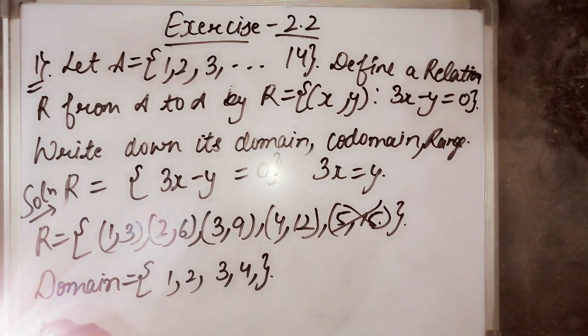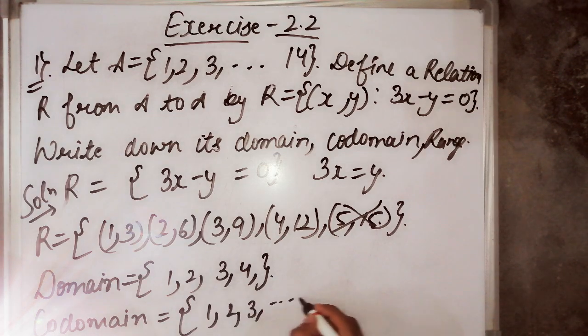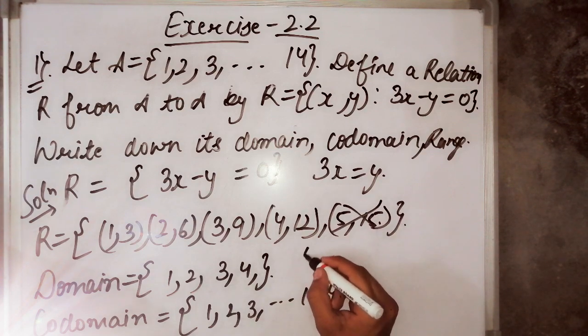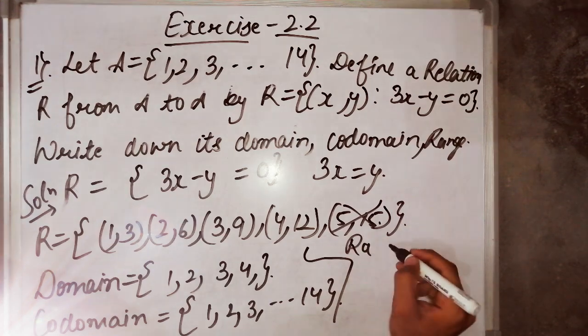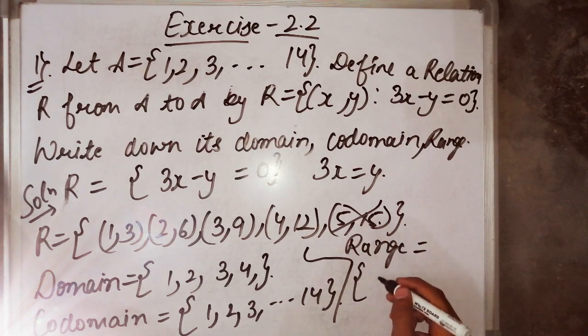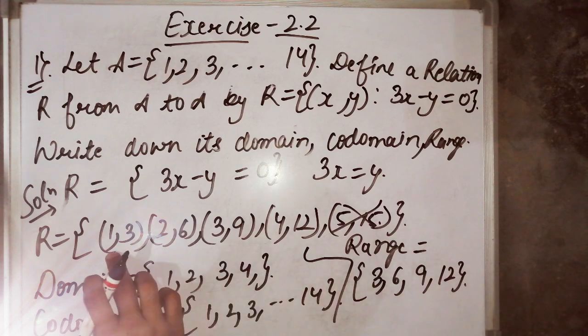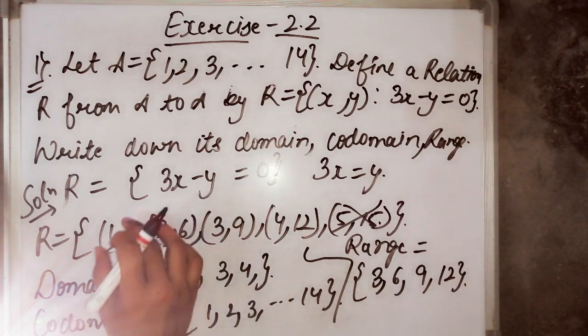Codomain is the complete set, which is 1, 2, 3 and till 14, and the range which we have is 3, 6, 9 and 12. Okay, this is the range which is the output to us.